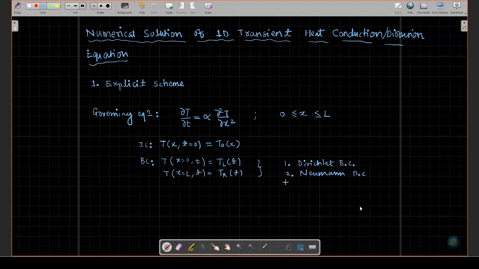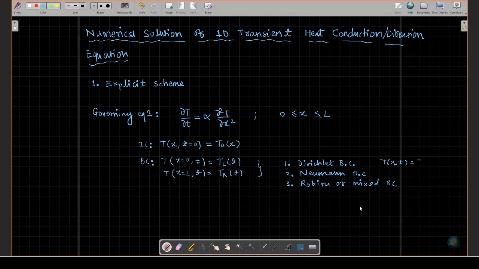Or it can be a combination of these two, which is called Robin or mixed boundary condition. Okay, so Dirichlet means you specify the value of that variable. Now the variable is T. What is the value of that variable T at that location x and at any time? If you specify the value, then it is a Dirichlet condition.